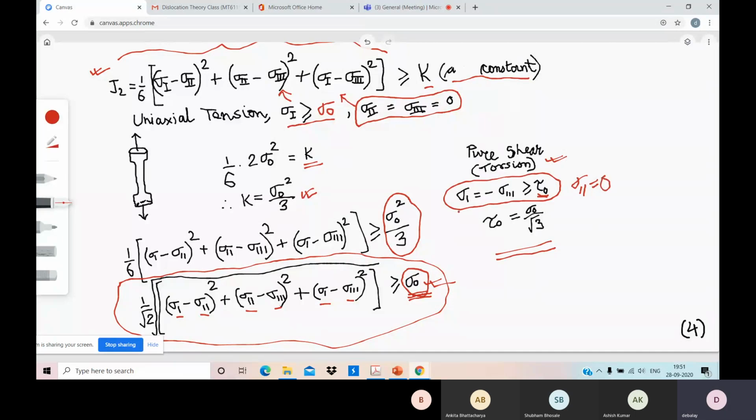So apply this in the von Mises criteria, keep sigma naught this side, and you will get a relation between tau naught and sigma naught: tau naught equals sigma naught by root 3 according to von Mises. But according to Tresca, tau naught equals sigma naught by 2. So there is a difference.